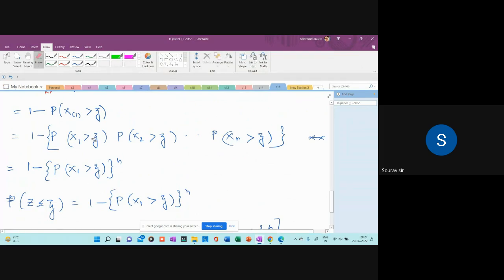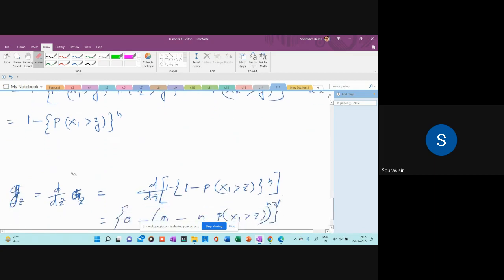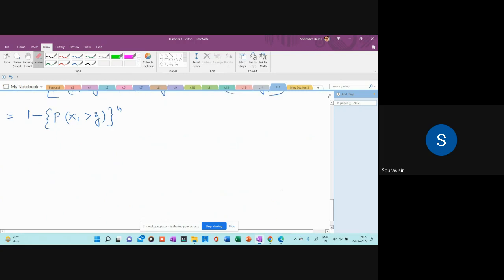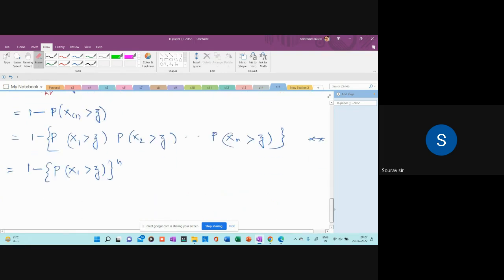First, tell me till this much is clear or not. Okay, I am rubbing this portion and explaining this part again to avoid the confusion of this Z and X confusion, I am doing this again. Till this much is clear or not?